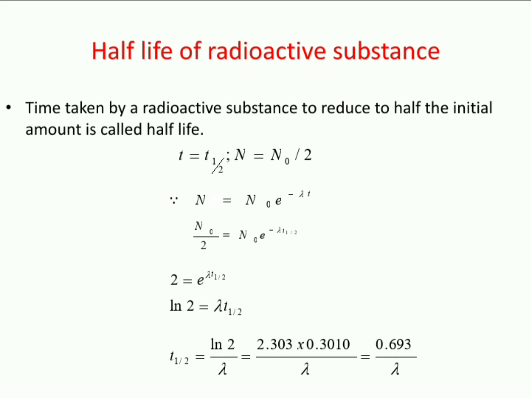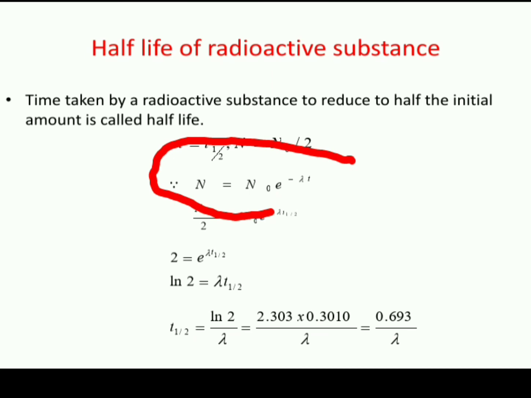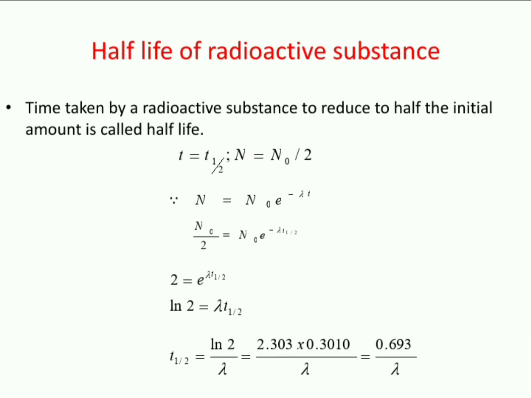So you can see the equation, t is equal to T half when N becomes N naught divided by 2. If you put these conditions in this disintegration law, that is N is equal to N naught e to the power minus lambda t, okay, so put the two conditions. N has become N naught by 2 on the left hand side, which is N naught e to the power minus lambda into T half.